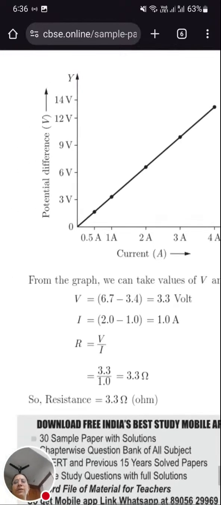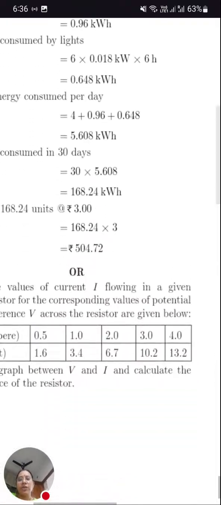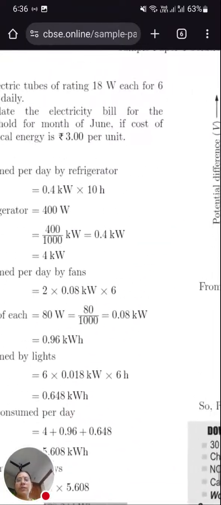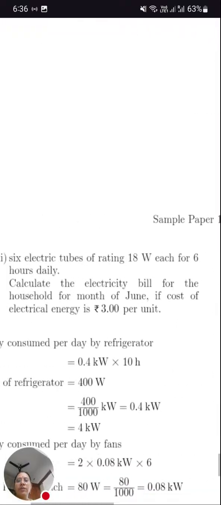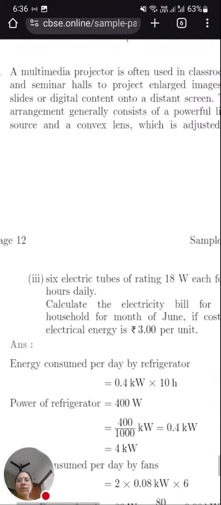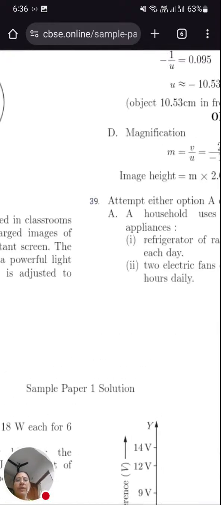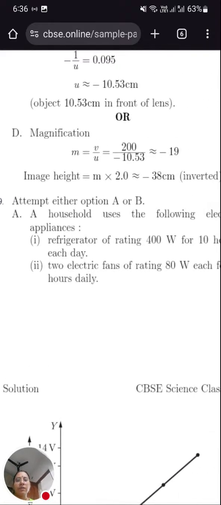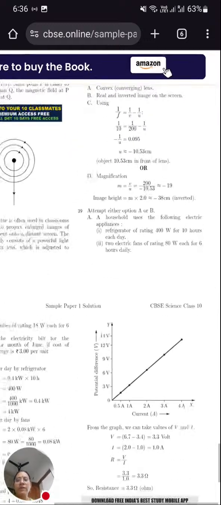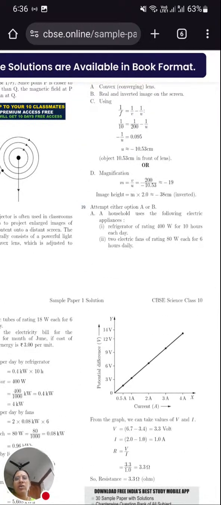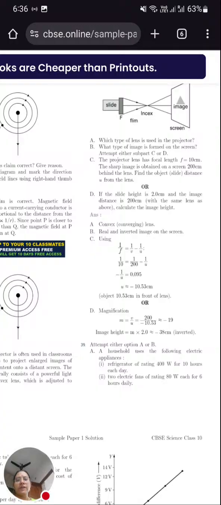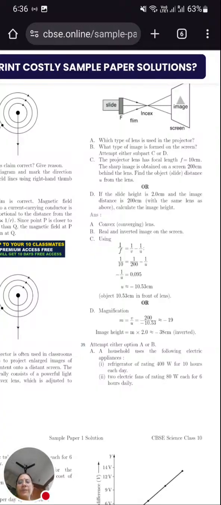So this paper got completed. In short, in the paper we were having 2 numericals, both from electricity only, so concentrate properly. In electricity and light we are having only numericals. Once you concentrate on that, this paper is completed.